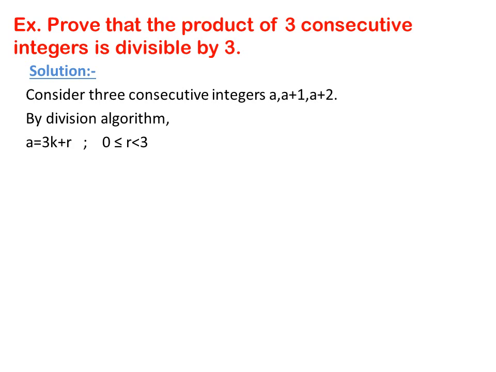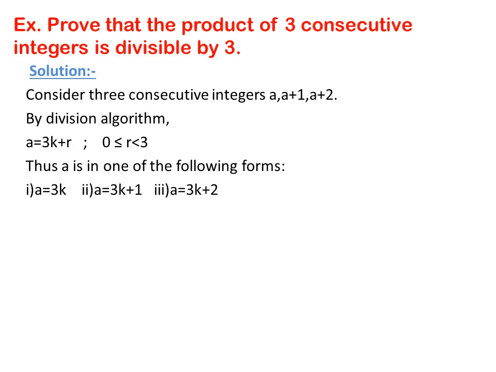These forms are as follows. If r is 0, then a will be 3k. If r is 1, then we will get a as 3k plus 1. If r is 2, then we will get a as 3k plus 2. So these are the 3 possible forms for a.